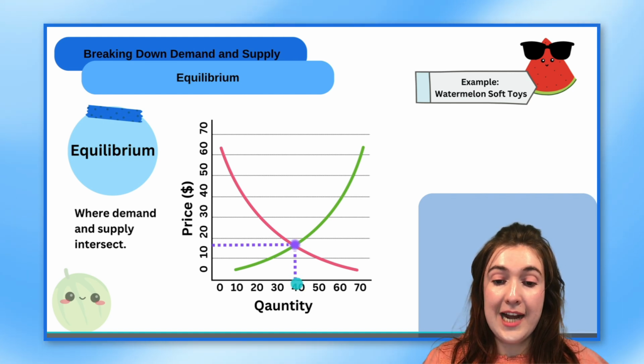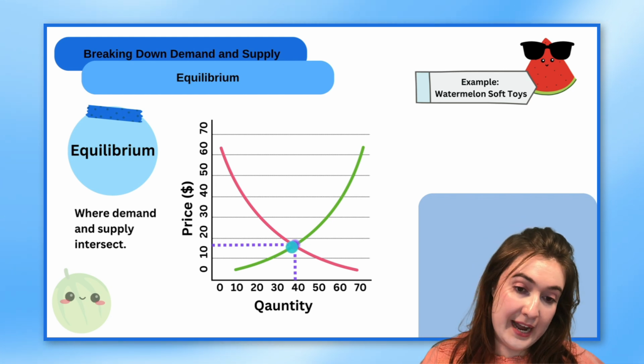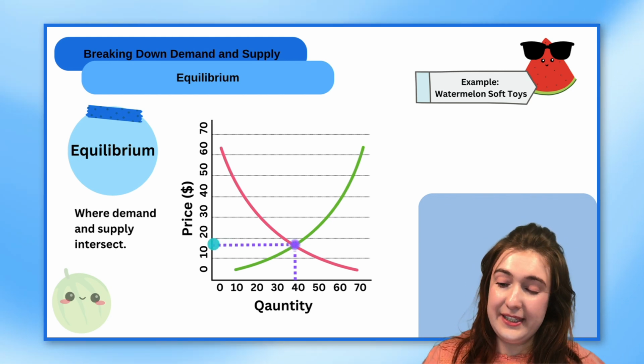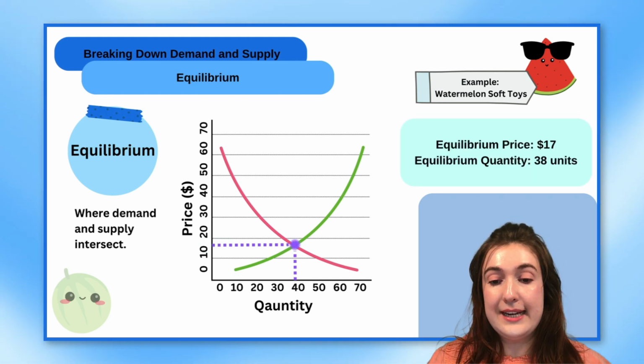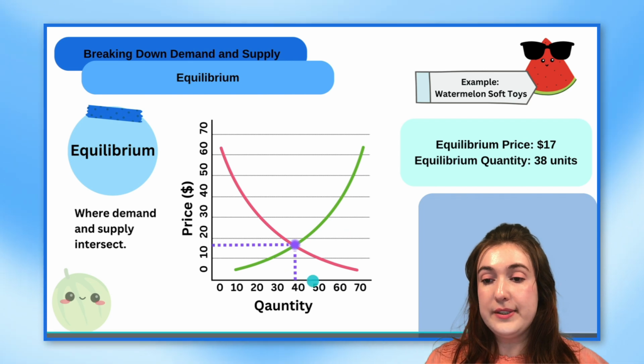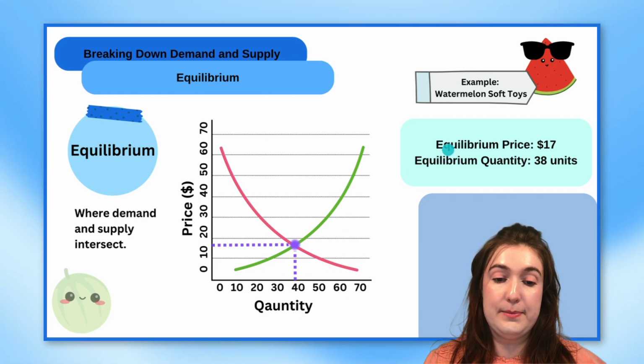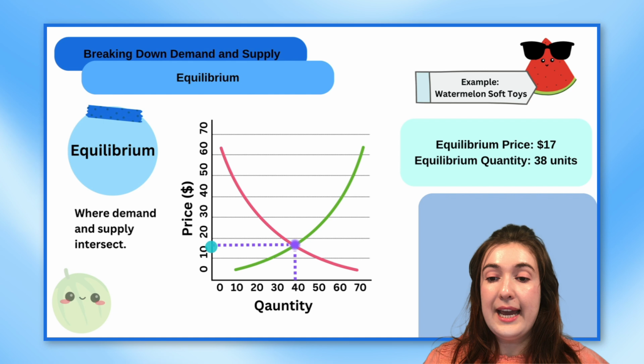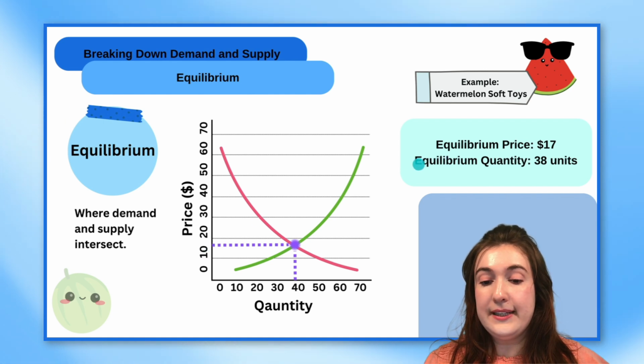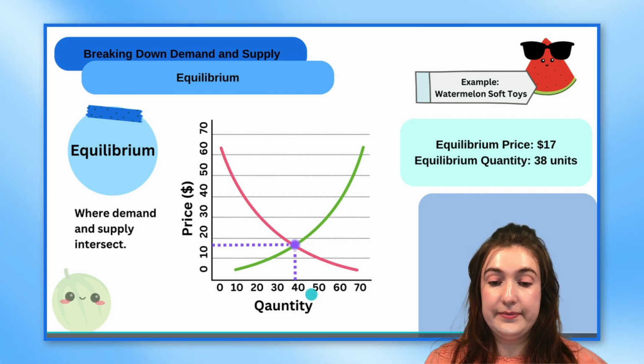And they have to be sold at around $17 or so. So that is basically how you will work it out. You'll say that your equilibrium price is this point here, and your equilibrium quantity is this point over here.